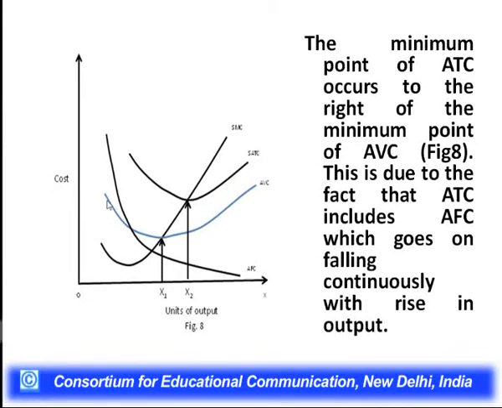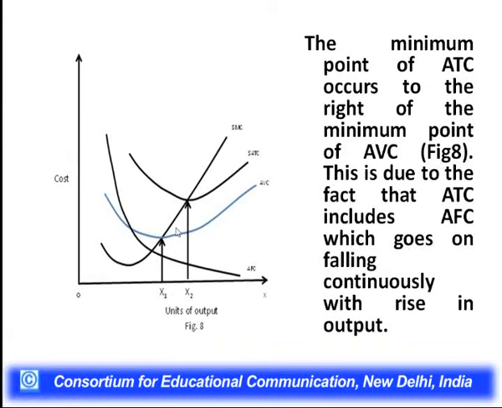Here you see that the minimum of AVC comes at OX1, but the minimum of SATC comes at OX2. Why? Between OX1 and OX2, AVC is rising, but average fixed cost is declining, and this decline is more than the rise in AVC.